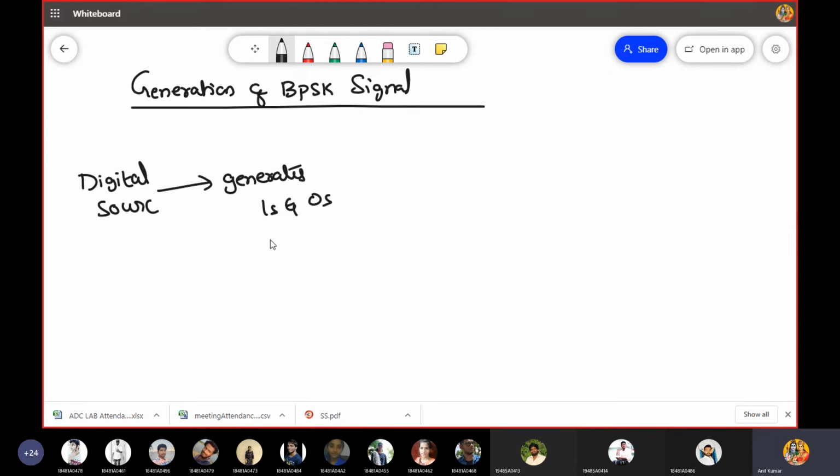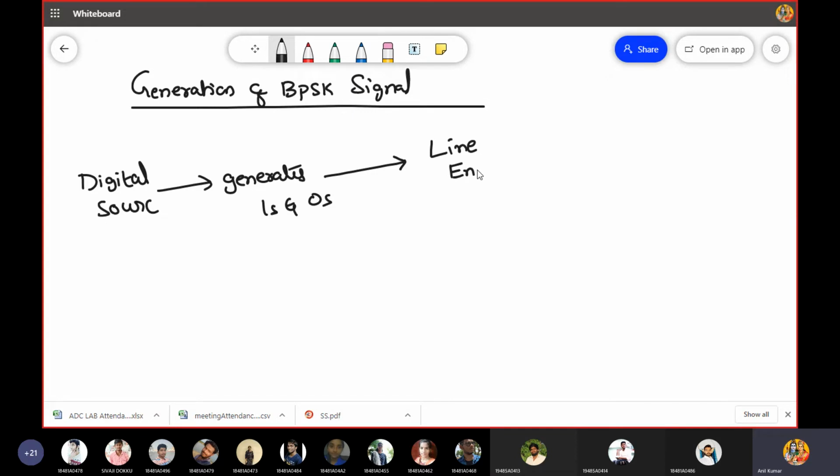This is called a digital message signal. The digital message signal is a message signal which consists of ones and zeros, or nothing but a binary data sequence. And now this binary data sequence is collected by the line encoder.